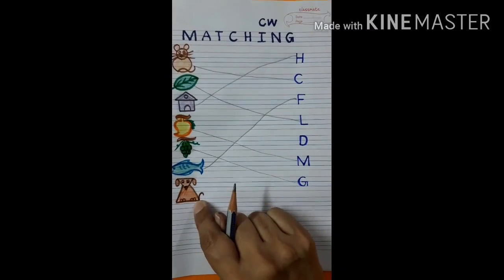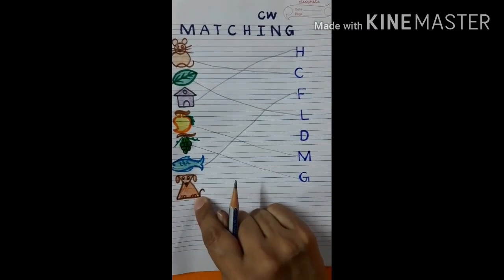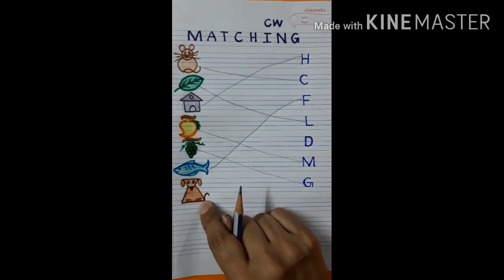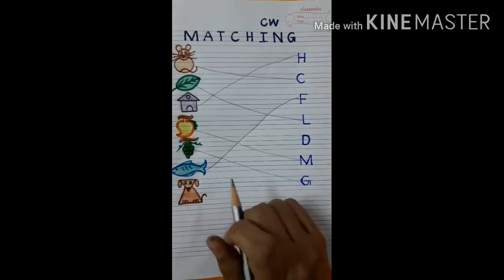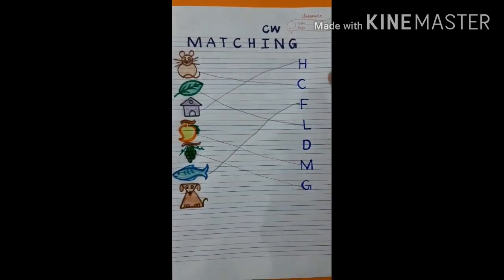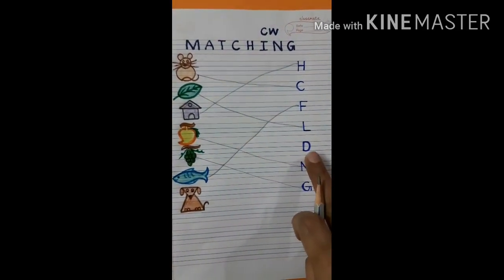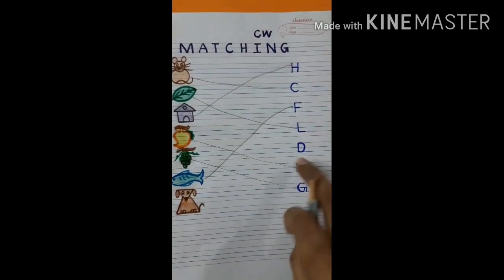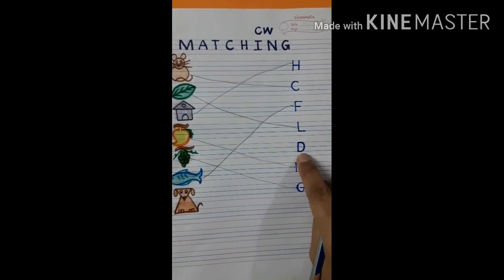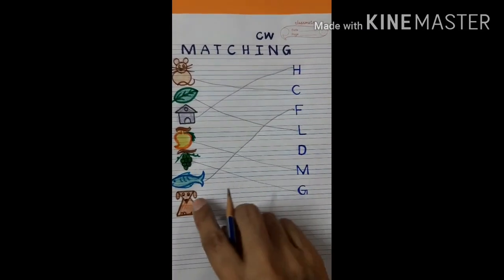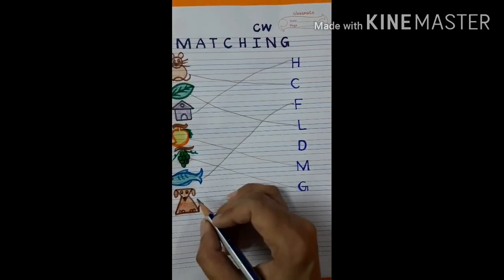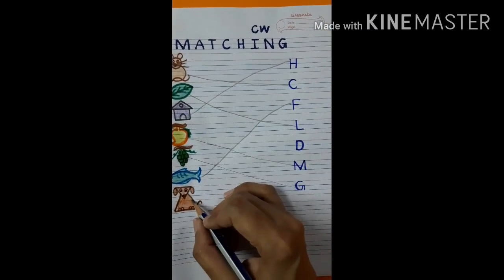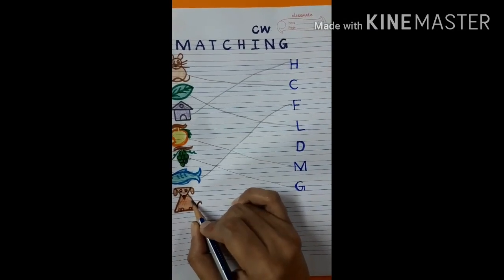Now come to next picture. Next picture is of dog. The dog belongs to letter D. D for dog. Keep the pencil on picture of dog.